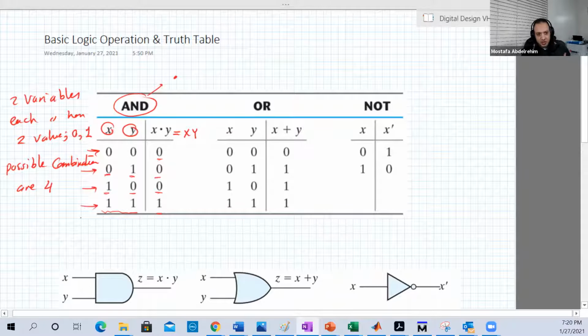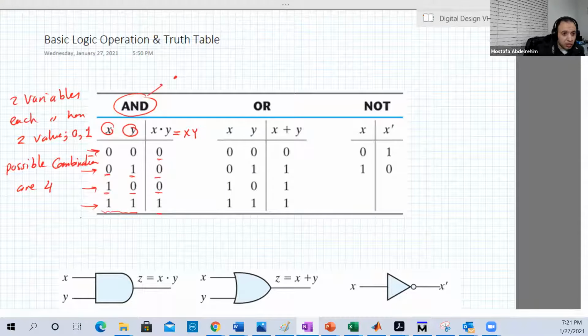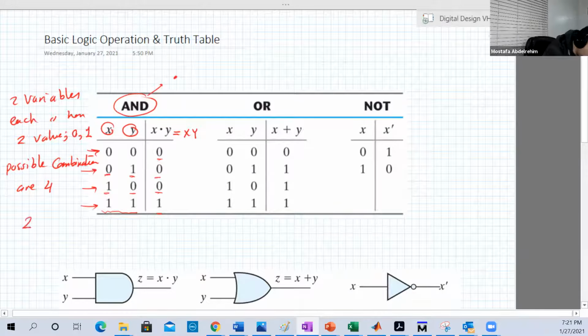And you can just do it. There is a mathematical equation for it. So all possible combinations are 2 to the power of 2. Basically, this 2 here is the number of values that each variable can take, 0 and 1.